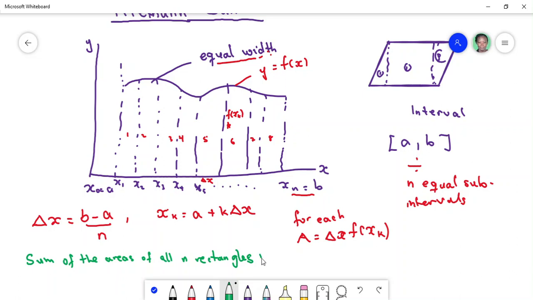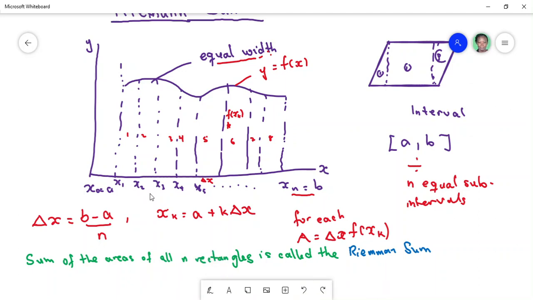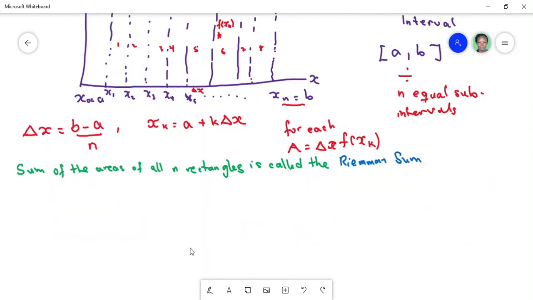It is what is called the Riemann sum. And we define the Riemann sum to be the sum of all the rectangles I have.